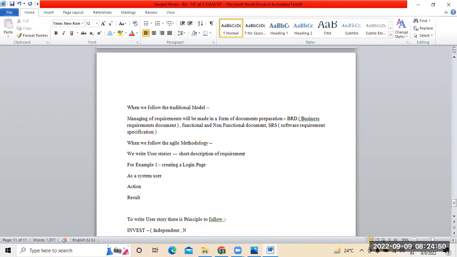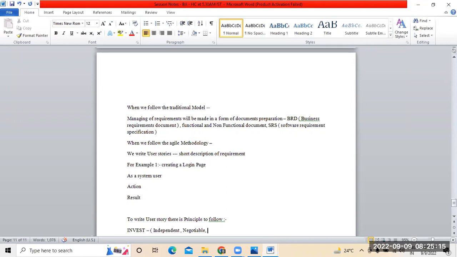Second, N stands for negotiable. A user story always has a provision to negotiate. So we should be in a position to negotiate the user story all the time. So a user story must be independent. A user story must be negotiable. We should always have a provision to negotiate the user story.